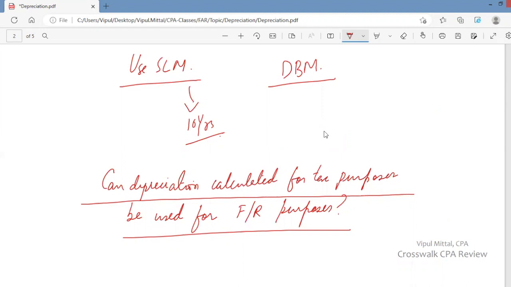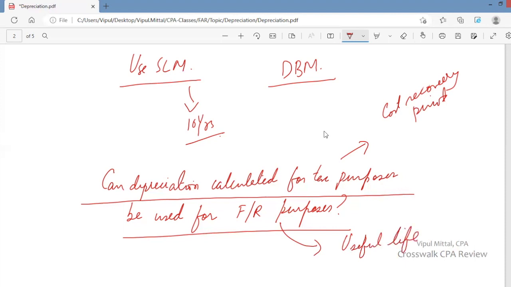But you have to consider the recovery period or the useful life. For tax purposes, you have the term cost recovery period. For financial reporting purposes, you have the term useful life of the asset.